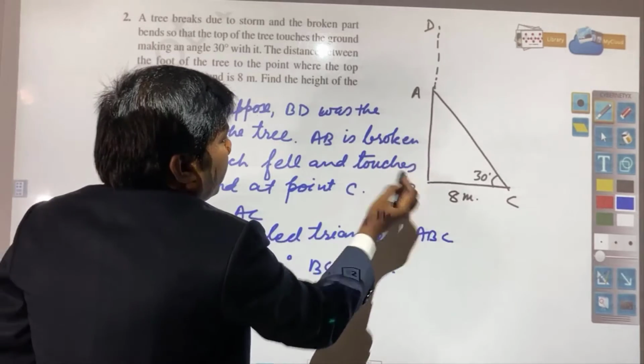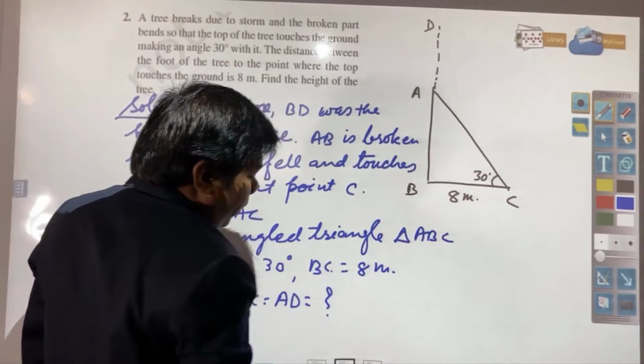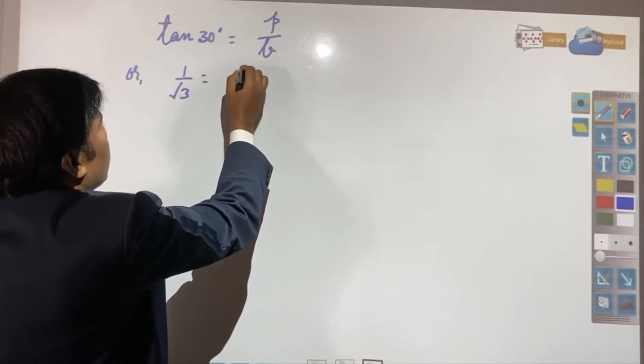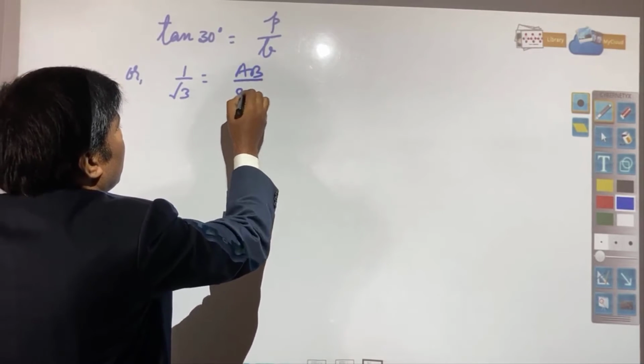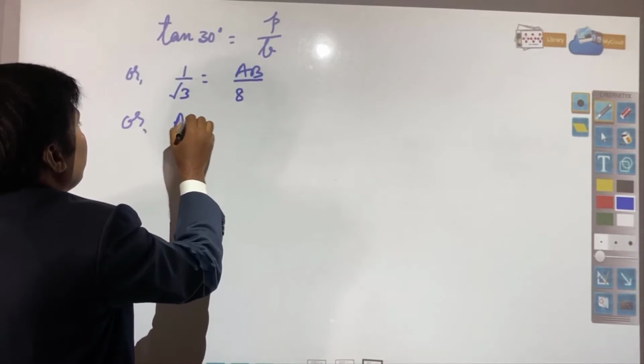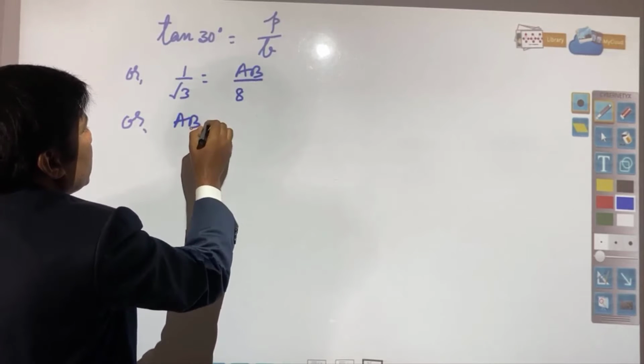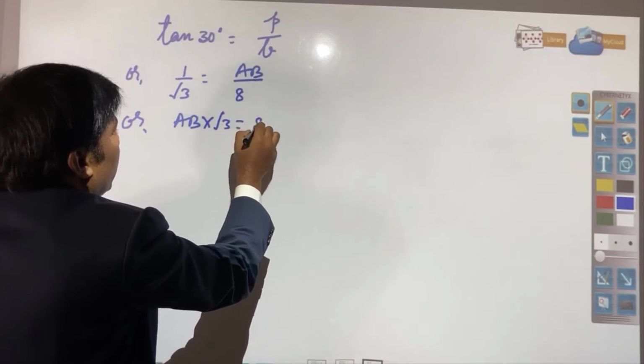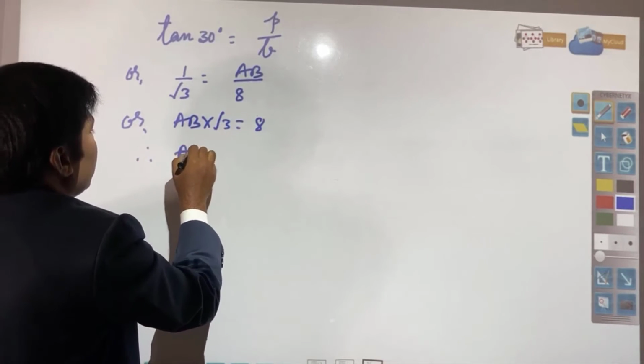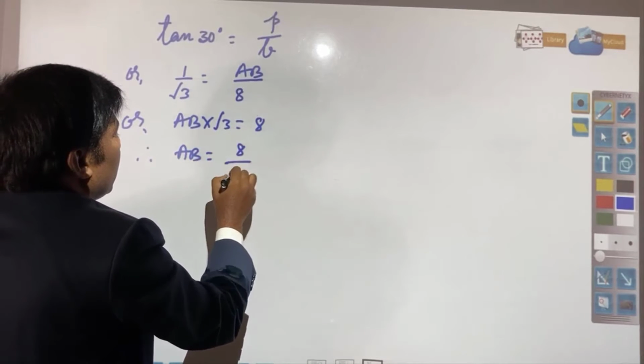P you have AB and B we have 8. So this is AB by 8. Or AB will be equal to, cross multiplication you do, AB root 3 is equal to 8, and therefore AB will be equal to 8 by root 3.